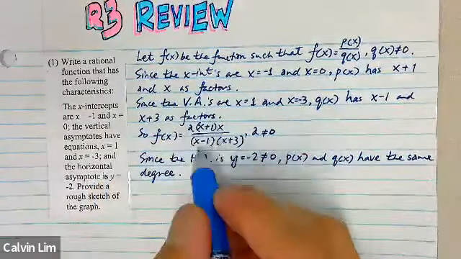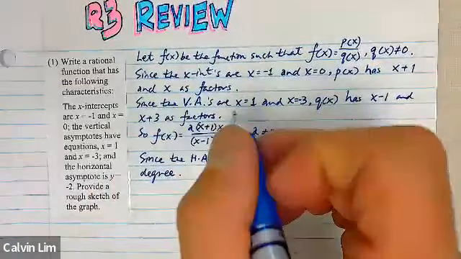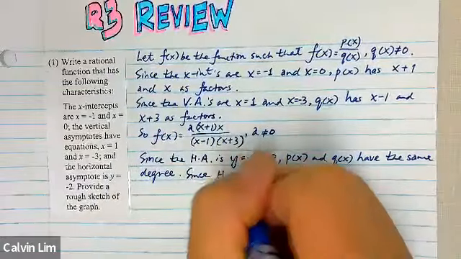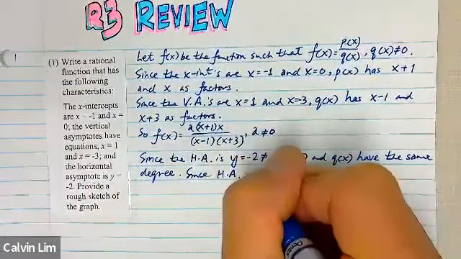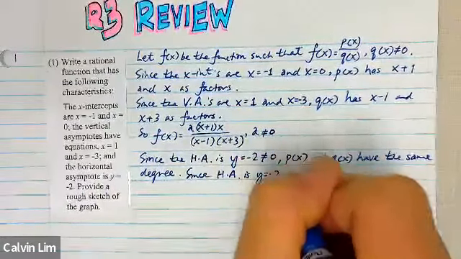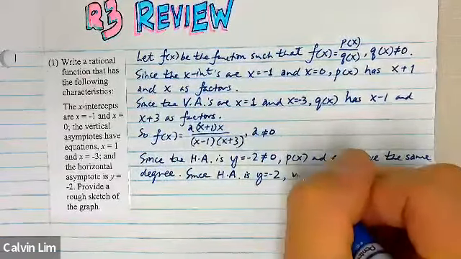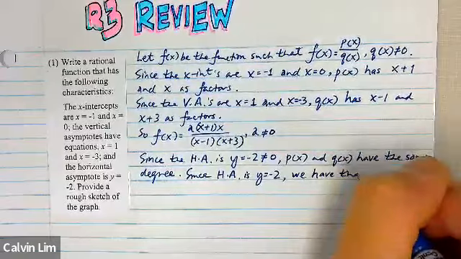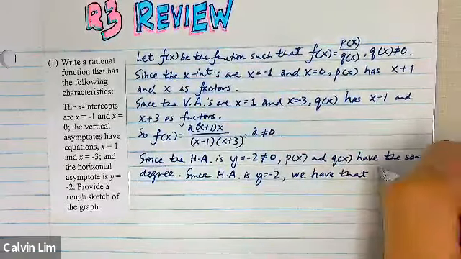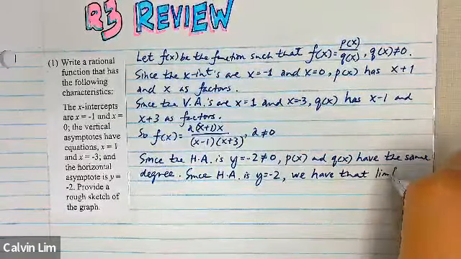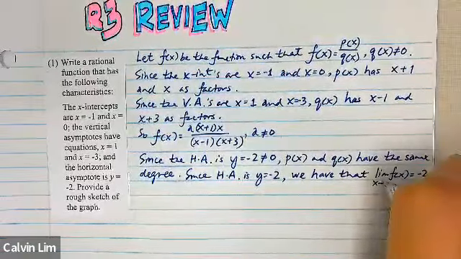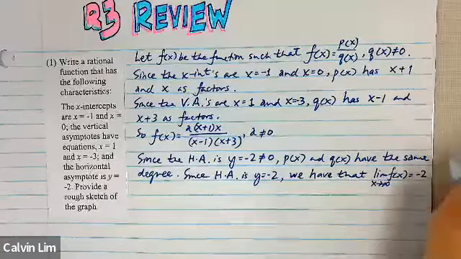So we're good, right? Degree of 2 for P of x and Q of x. Also, since HA is y equals -2, using the definition of horizontal asymptote, we have that the limit of f of x equals -2 as x approaches infinity.